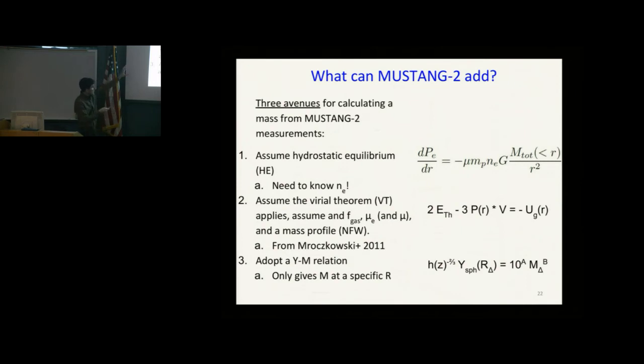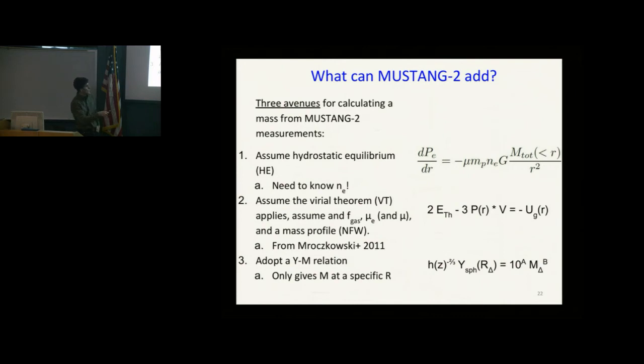This is another way of making a slightly different assumption with just SZ data. We can assume the virial theorem and then assume some mass profile and gas fraction. So that's a way to go between a mass profile that we constrain and effectively an electron density profile.